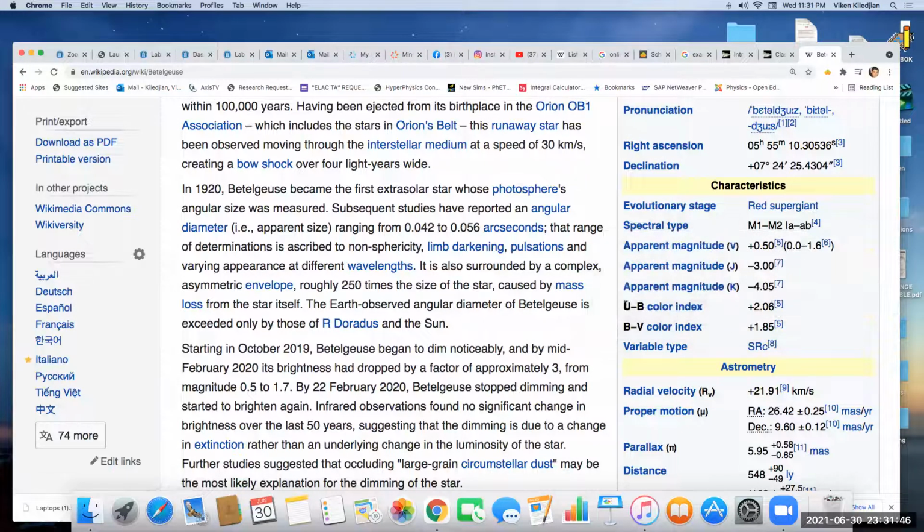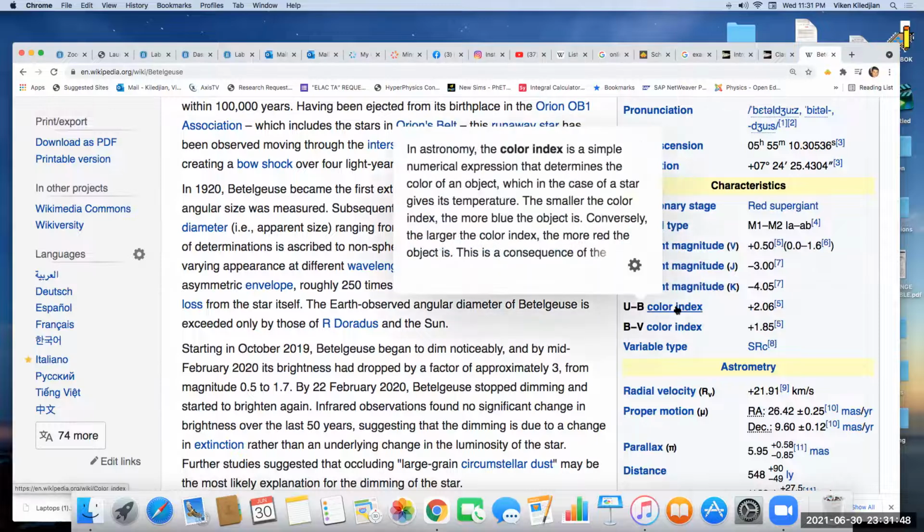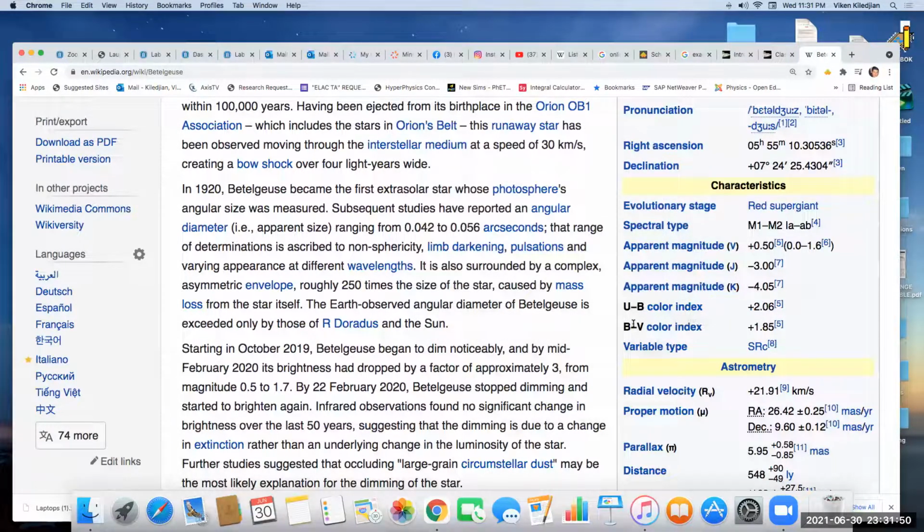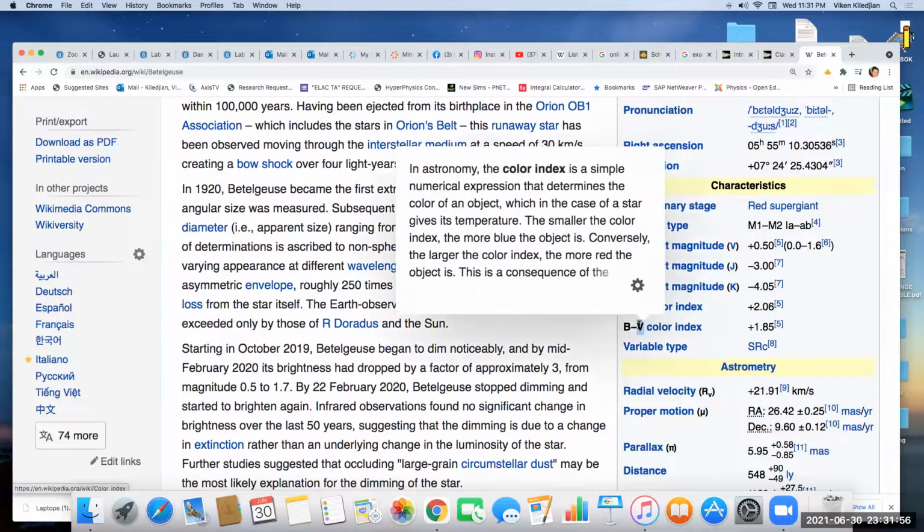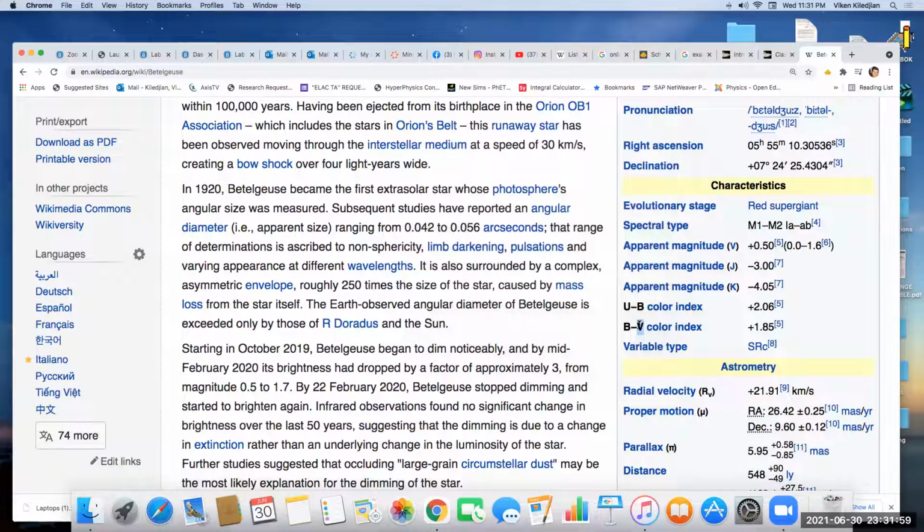You see, then there's the ultraviolet blue color index. That's different. We're using the blue yellow. Remember, V stands for visible, which is yellow. So they're using a visible filter and then a blue filter to determine its color. Then there's an ultraviolet blue filter, and that's a different scale.